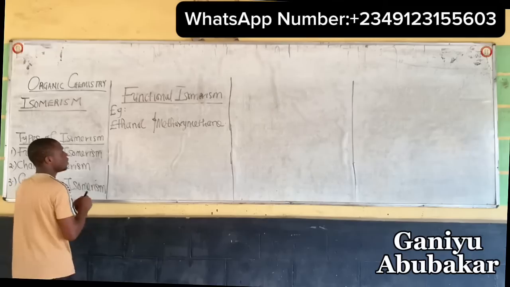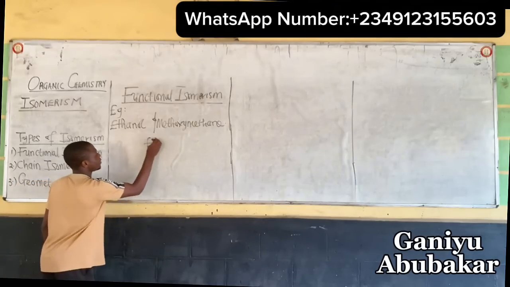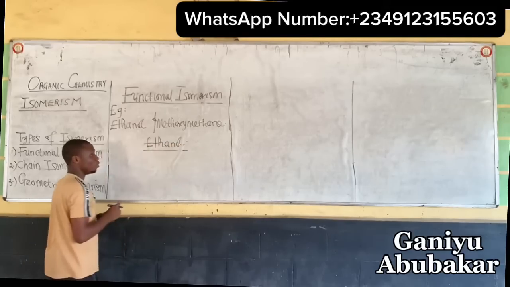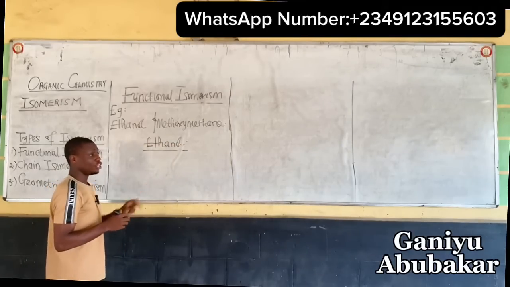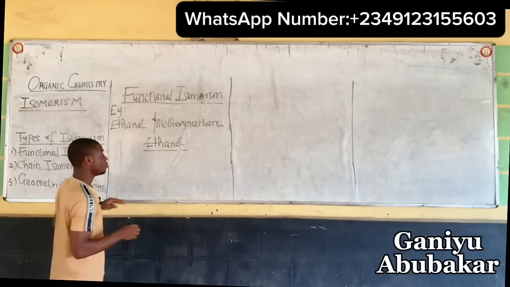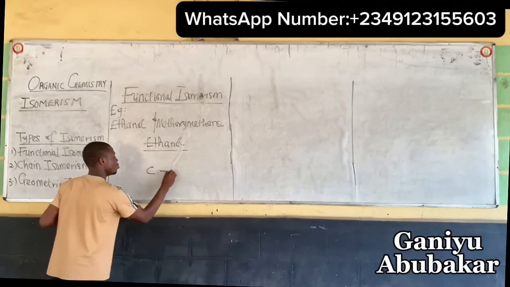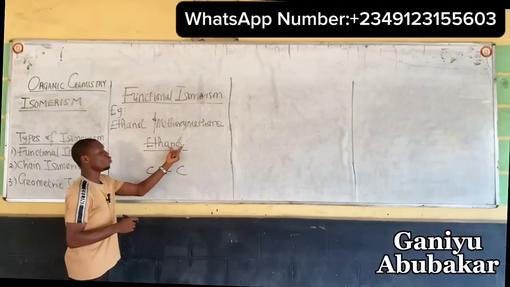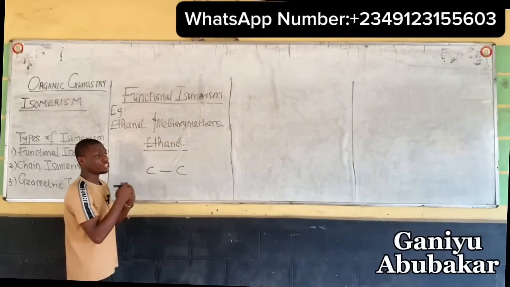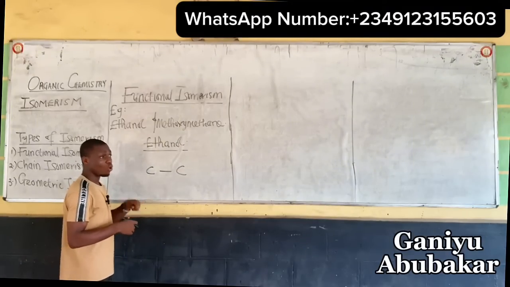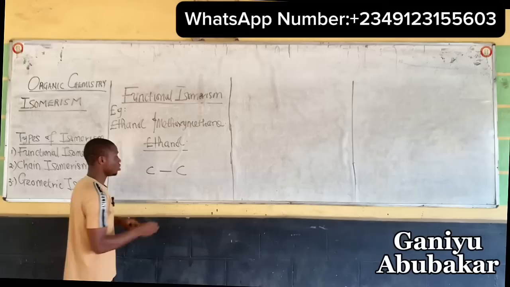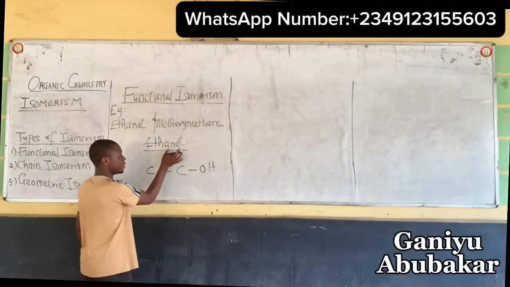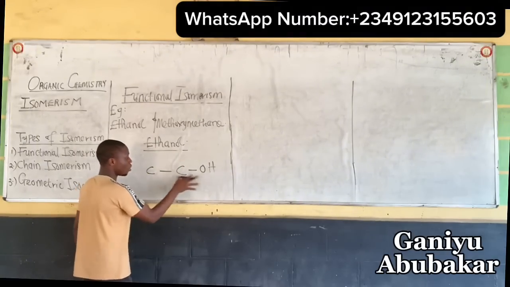For ethanol, "eth" means two carbon atoms, so I'll have 1, 2. This is a 2 carbon atom chain, but I have the word "anol". Anol is the functional group for alkanol, or alcohol, that's OH. So of course I'll have an OH here. This signifies the "anol" in this compound.